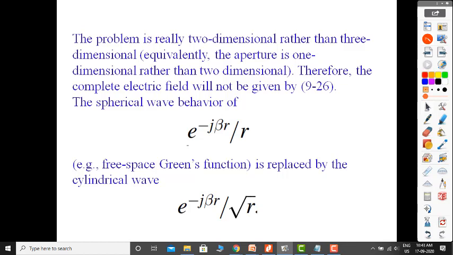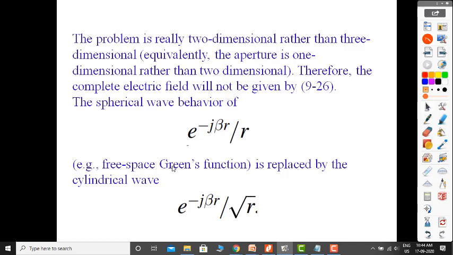Therefore, the complete electric field will not be given by these equations. The spherical wave behavior e raised to minus j beta r by r is replaced by the cylindrical wave behavior e raised to minus j beta r by root of r, because here the wave is emanating out of the slit.